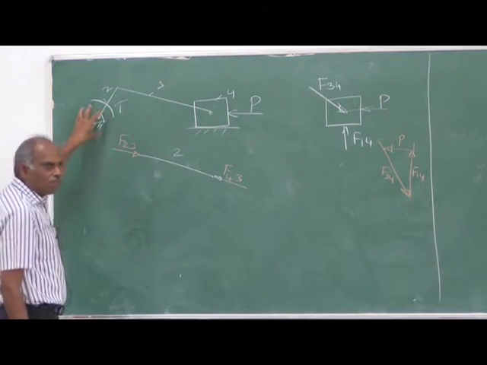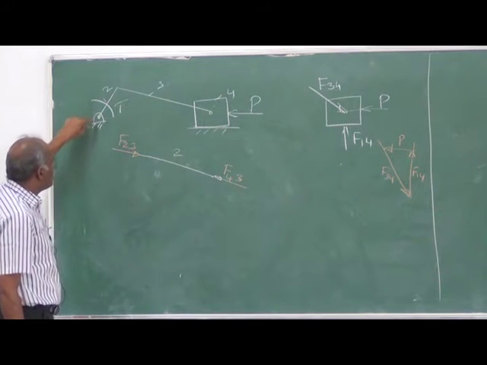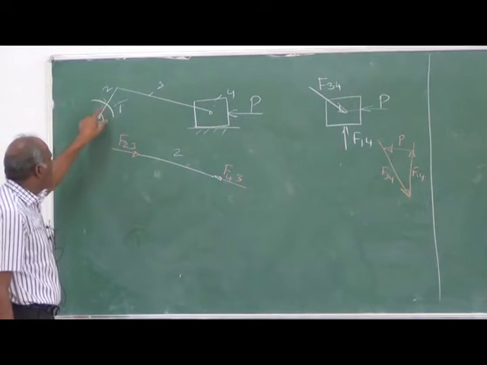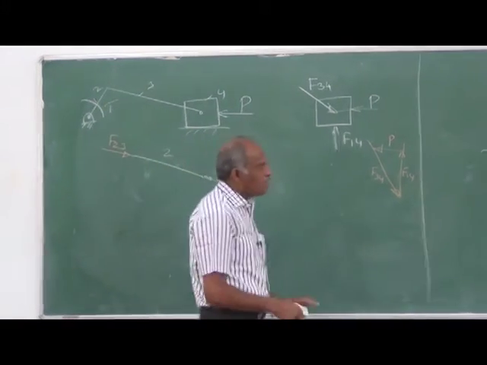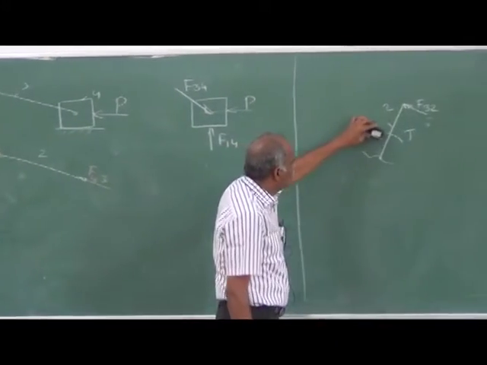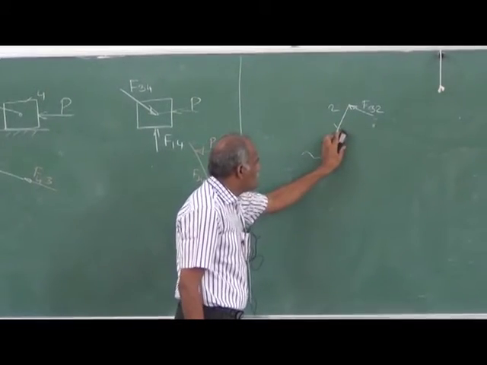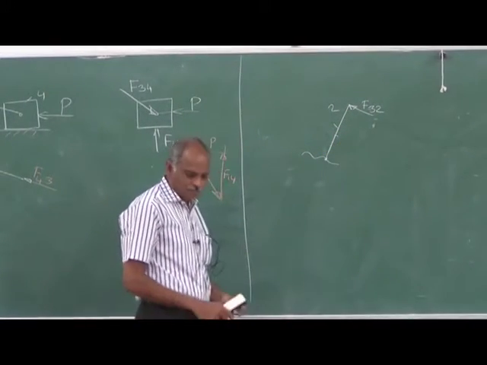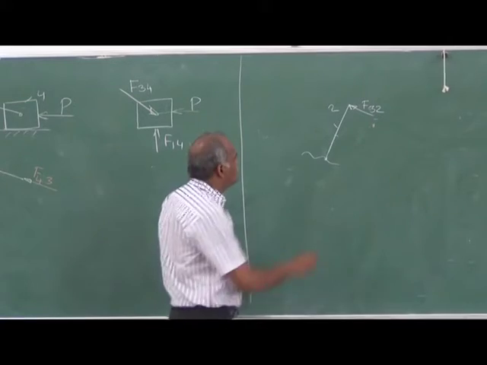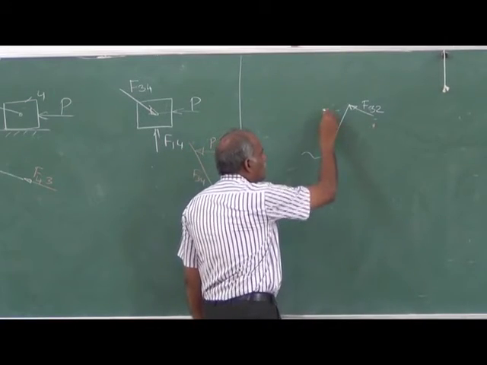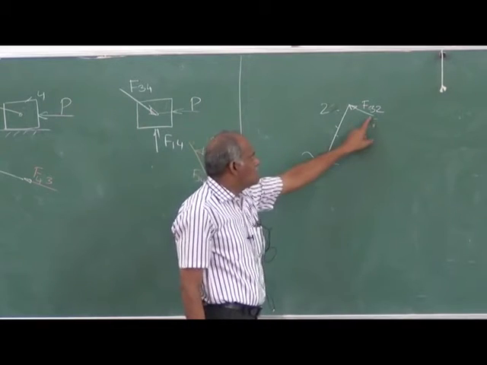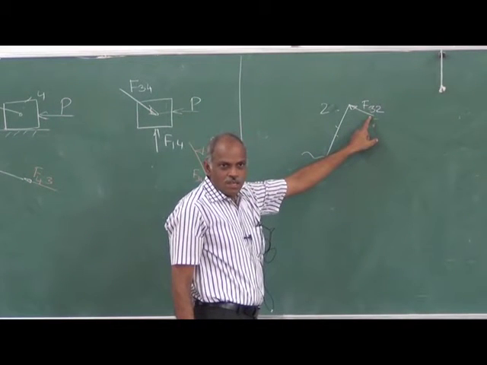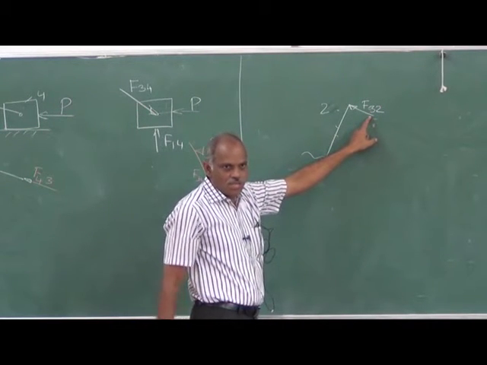Now last class we started drawing the free body diagram of linkage 2. So drawing the free body diagram of linkage 2, let me even remove this torque, the holding torque. Now for linkage 2, what we know is there is a force, the reaction from linkage 3 is acting.